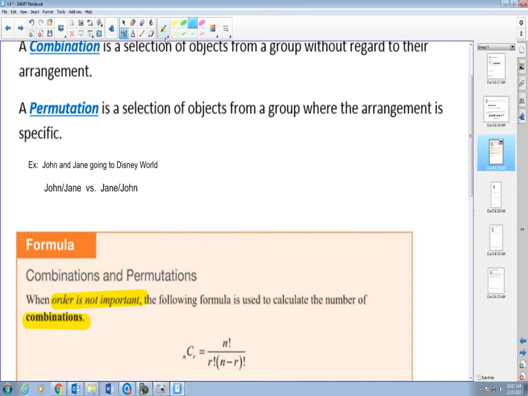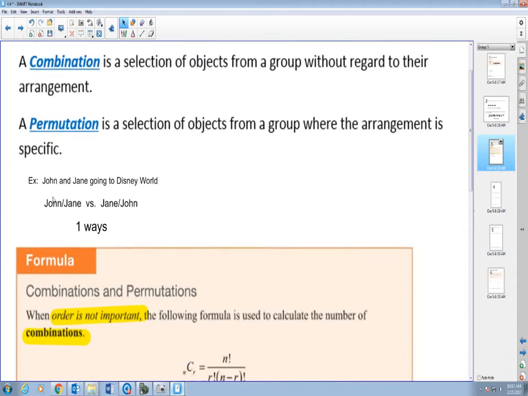Most people would think this is actually 1 way because this is exactly the same 2 people. And you're correct. It doesn't matter who I pick first. Both of them are going to Disney World. This is actually 1 way. Even though I can write it as 2 different things, this is actually the same thing. So this is where the order does not matter. The order is not important, who I pick first.